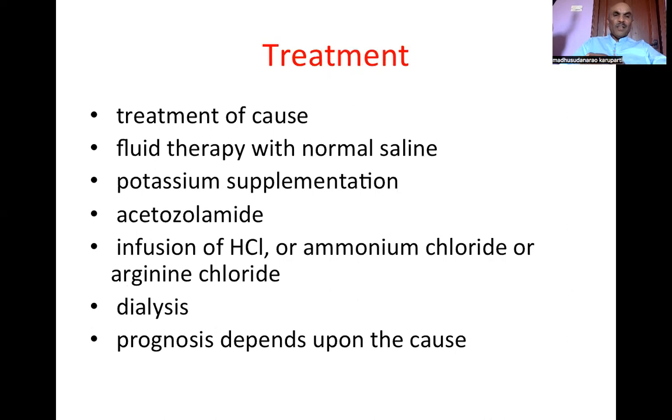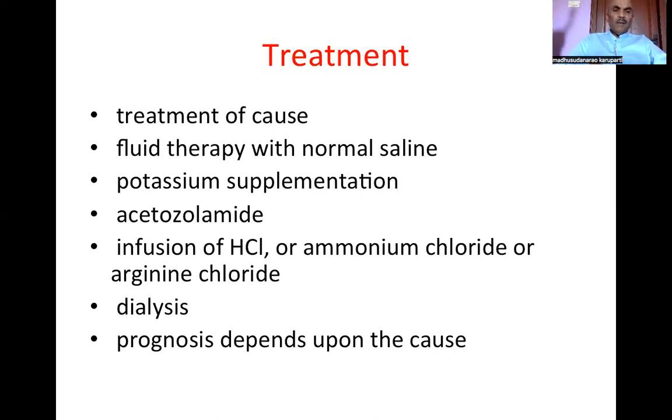Coming to a brief note on the treatment. The first line of treatment is the treatment of the cause. Treat the cause, either it is the renal cause or due to the administration of diuretics, or it could be the GI cause associated with persistent vomiting or NG aspirations.